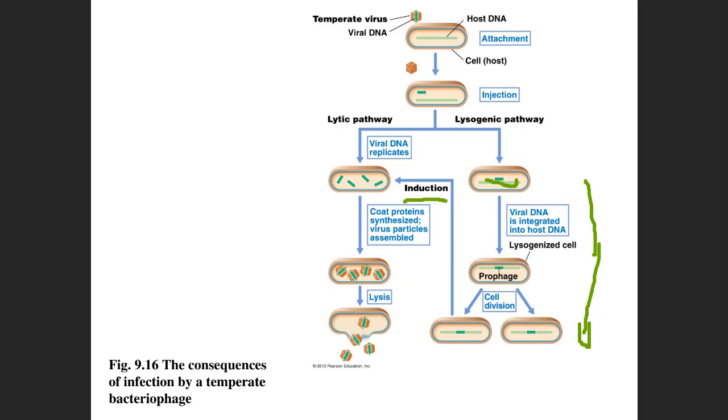So bacteria could be healthy and growing happily ever after, but they're going to run out of glucose at some point. If they run out of glucose, what would happen to the bacteria? They're going to die. And the phage says, uh-oh, this guy ran out of energy, is going to die. And what happens? Well, it goes into the lytic cycle.